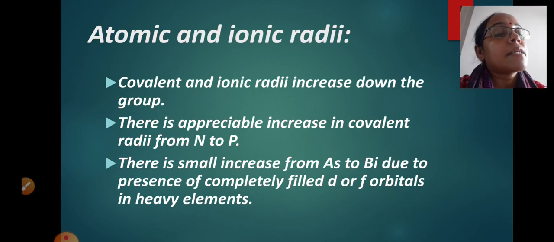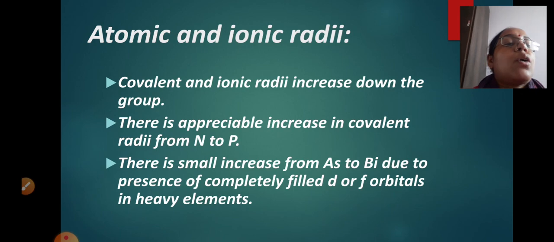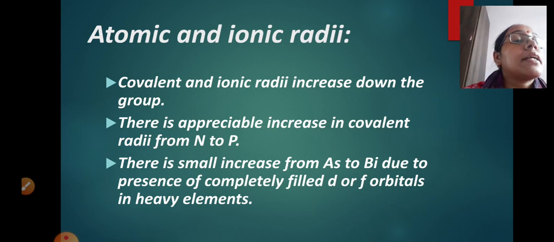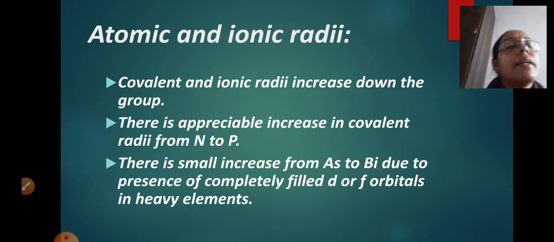That means there is very small difference between the covalent radii of arsenic and bismuth. Why? Because of the presence of completely filled d or f orbitals in heavy elements. Since heavy elements have completely filled d or f orbitals, that is why there is a small difference between the covalent radii of arsenic and bismuth.